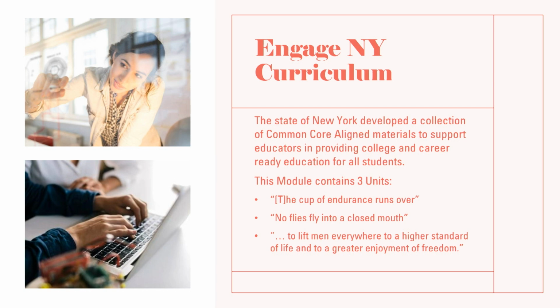The 3 different units within this module all come from different quotes. This particular unit is The Cup of Endurance Runs Over. The next unit is No Flies Fly into a Closed Mouth. I love that quote, and we'll see where that comes from as well. And then the last unit is To Lift Men Everywhere to a Higher Standard of Life and to a Greater Enjoyment of Freedom.